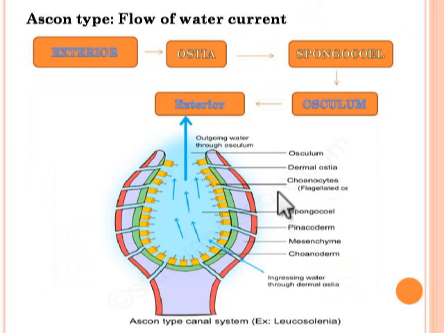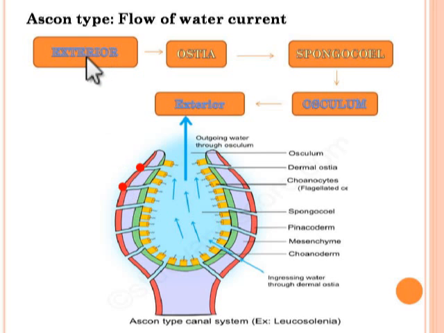Here this is the ascon type, where we want to describe the flow of water current. It is nothing but the flow of water. Here this is the ascon type of sponge, where you can see many pores on the side.